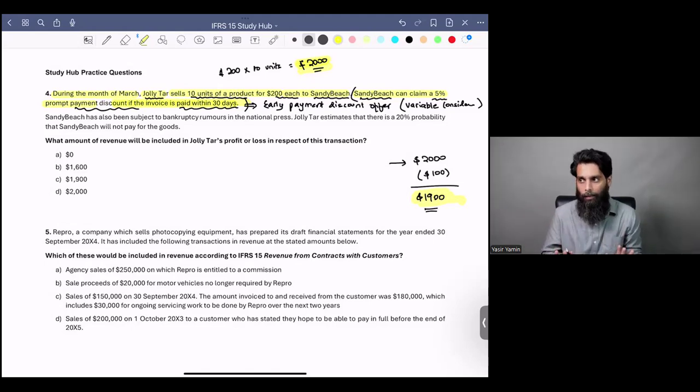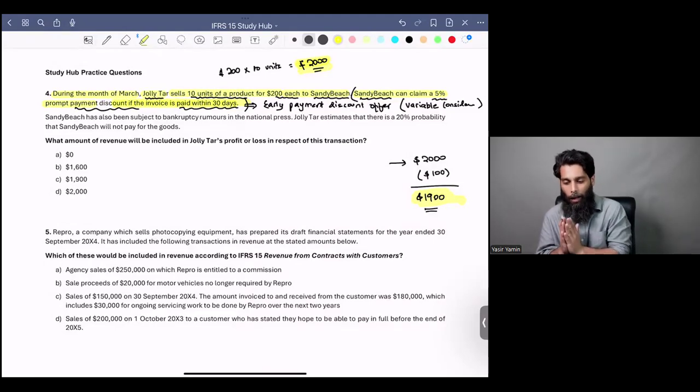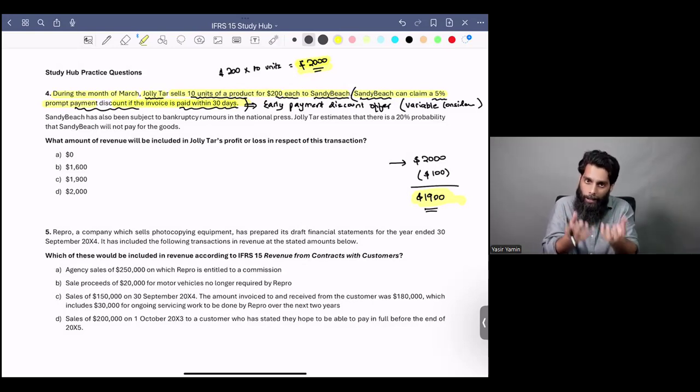All right. What I was trying to mention is that IFRS 15 provides that transaction price is the expected amount of consideration that the entity expects to recover from a transaction. That is the definition of transaction price. Make sense?